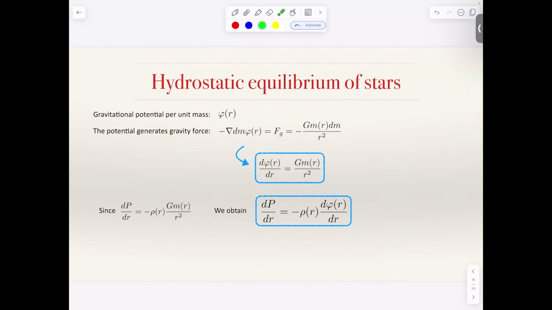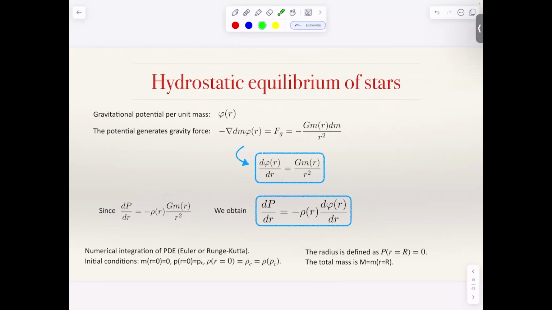Since on the previous slide we showed that, then we can replace GM over r squared simply by this differential equation for the gravitational potential. So this is how you would do it if you had the gravitational potential.